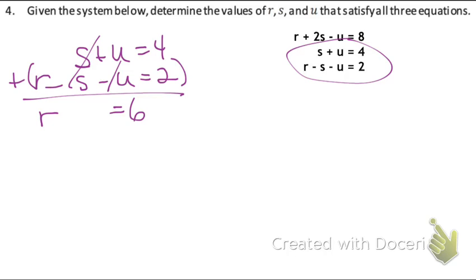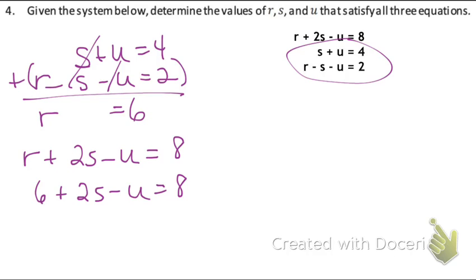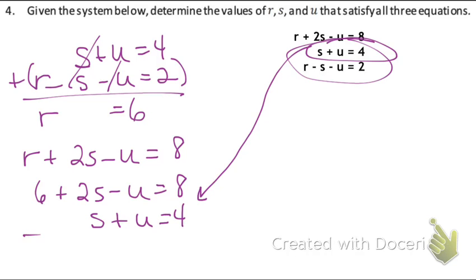And then what I can do with that is I can start substituting stuff in. So let's go to this equation. R plus 2S minus U equals 8. 6 plus 2s minus u equals 8. So now I have a two-variable equation, and I have also another two-variable equation, s plus u equals 4.